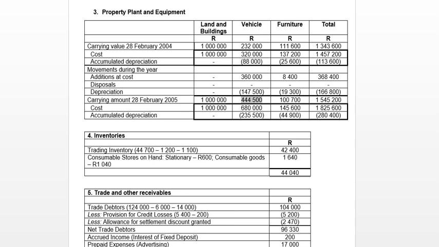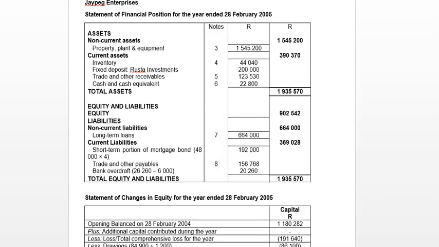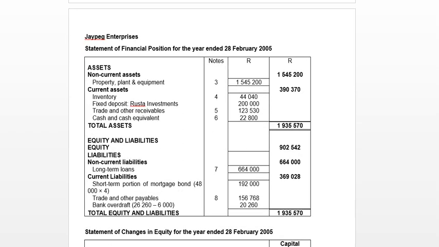And then you need to determine your carrying value, so your cost price less accumulated depreciation. So for vehicles, our carrying value is 444,500 Rand, and for furniture is 100,700 Rand. So in total, our carrying value towards property, plant, and equipment is 1,545,200 Rand, and that we record here as our non-current asset for property, plant, and equipment.